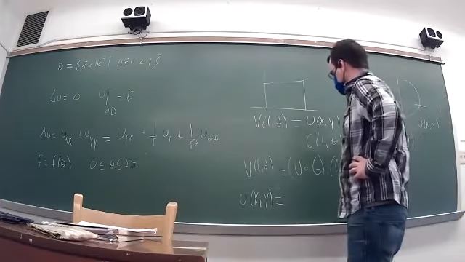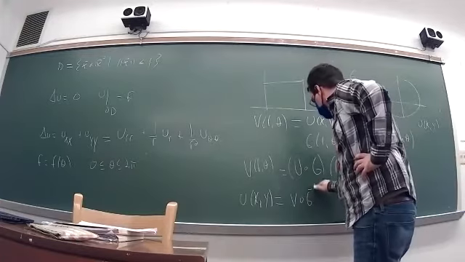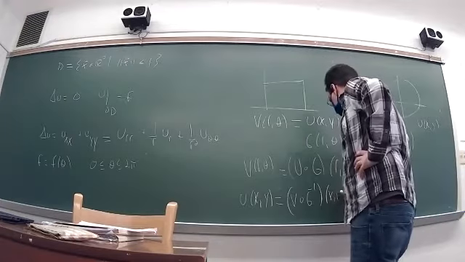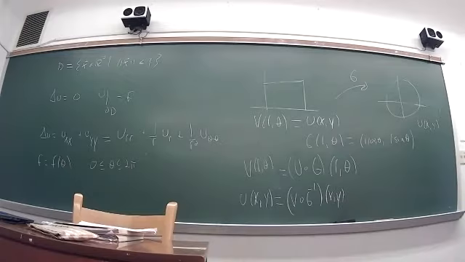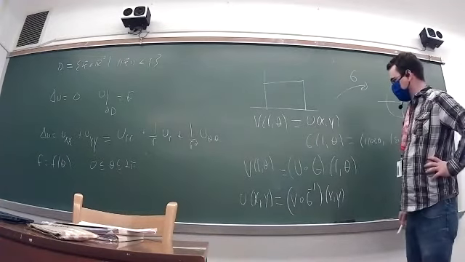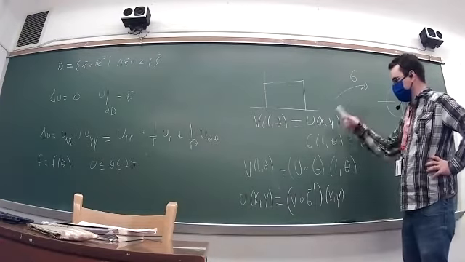So you want to take v composed with g inverse, right? And so this is how the change of coordinates gives us the different functions on the different domains.